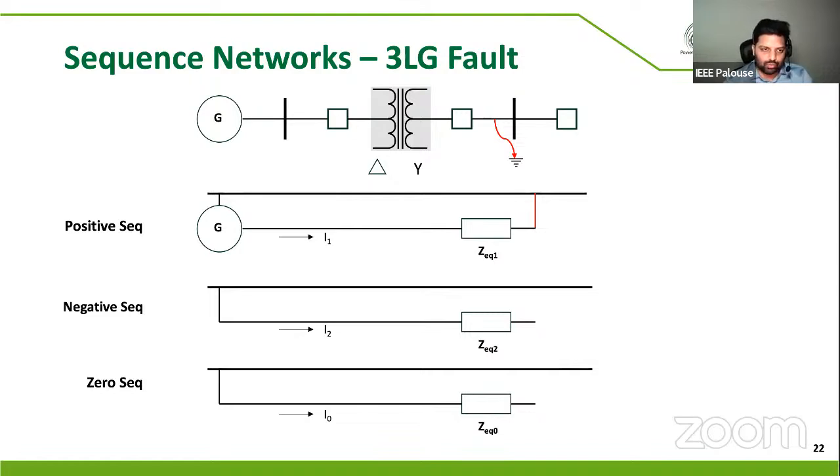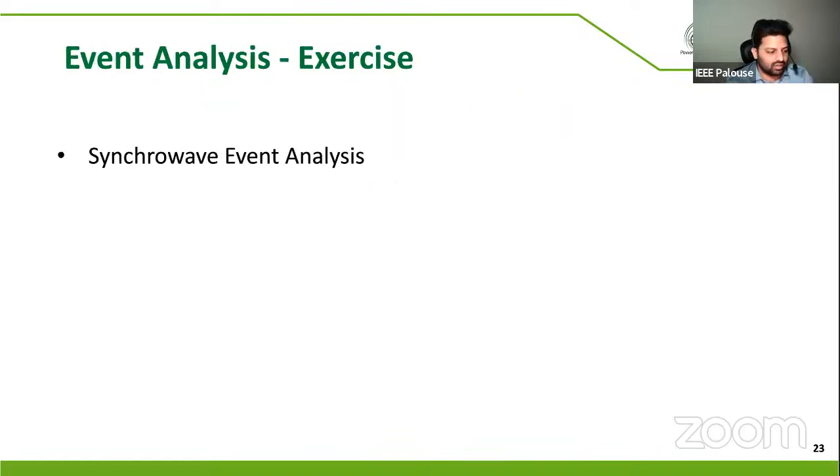The motto of our protective devices is to identify the fault and clear the fault as soon as possible. It identifies the fault by looking at all these calculations, sends a signal to the breaker, opens the breaker, and clears the fault. So that's how our protective devices help in this.